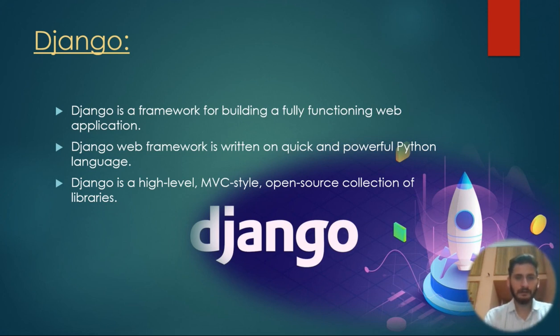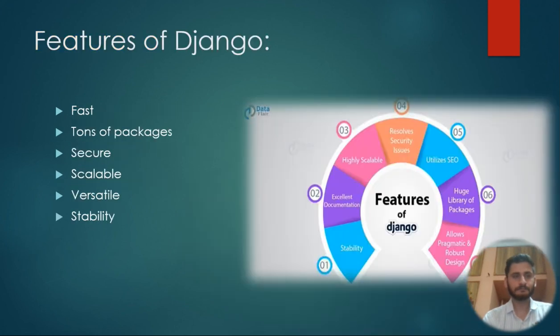Django is a high-level MVC-style open-source collection of libraries. The next is features of Django. It is fast, has tons of packages, is secure, scalable, versatile, stable, resolves security issues, etc.